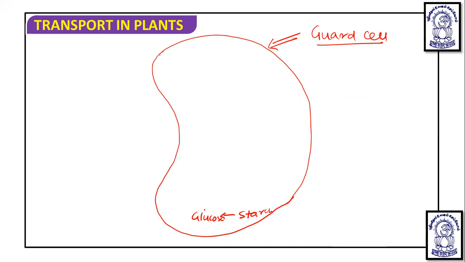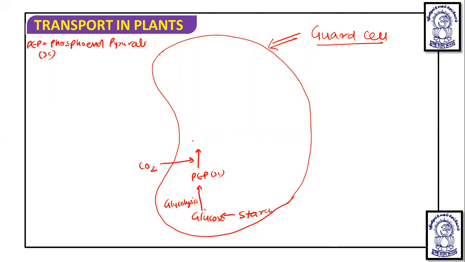Then this glucose undergoes the EMP pathway or glycolysis and is converted into PEP, that is phosphoenolpyruvate. This phosphoenolpyruvate is a 3 carbon compound, which accepts CO2 from the atmosphere or the surrounding cells and is converted into oxaloacetic acid.